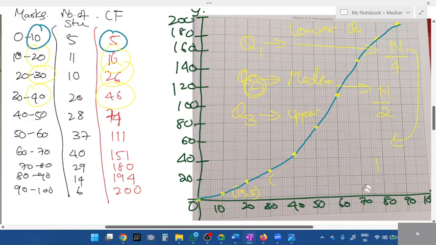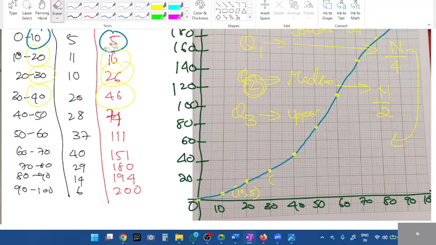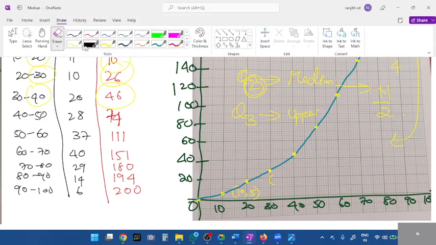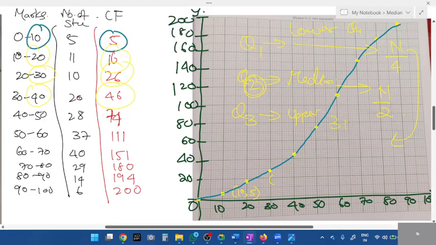Okay, so I'll erase everything. 3n divided by 4. Don't write it on the graph. Remember the formula, 3n divided by 4. Now, the OGIVE graph is done. You have completed the OGIVE graph. We'll start plotting the curves.